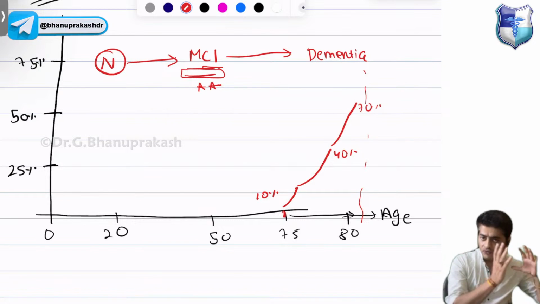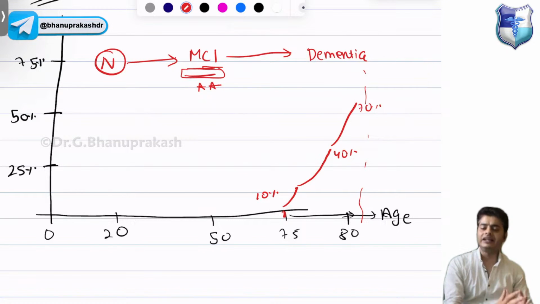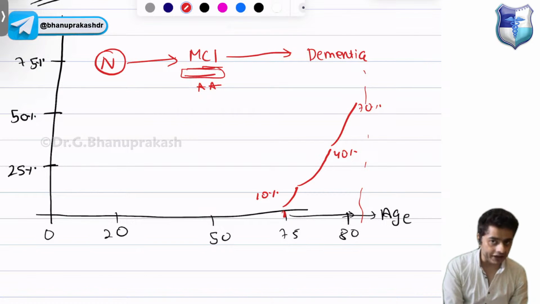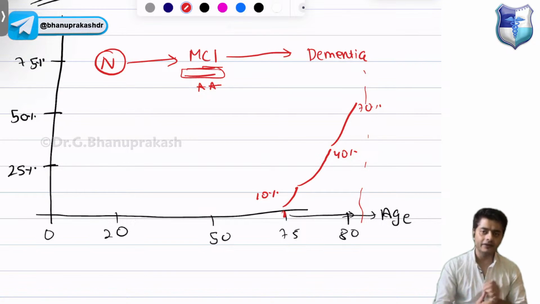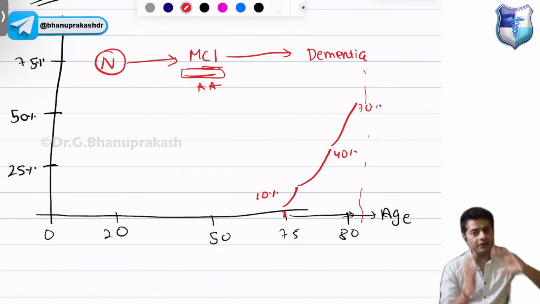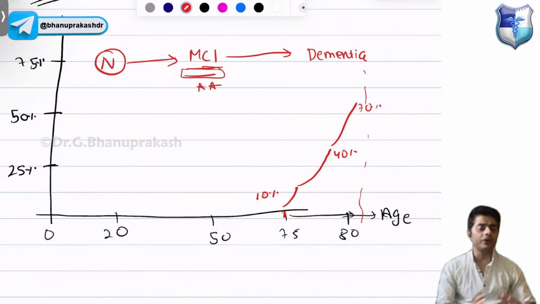That's why in foreign countries, in developed countries, because their medical facilities are very good and they keep tracking their health status very well, maximum patients are living very old, and if they are living very old, they all have a chance of dementia. That's why the dementia problem is much more severe in foreign countries as compared to India.